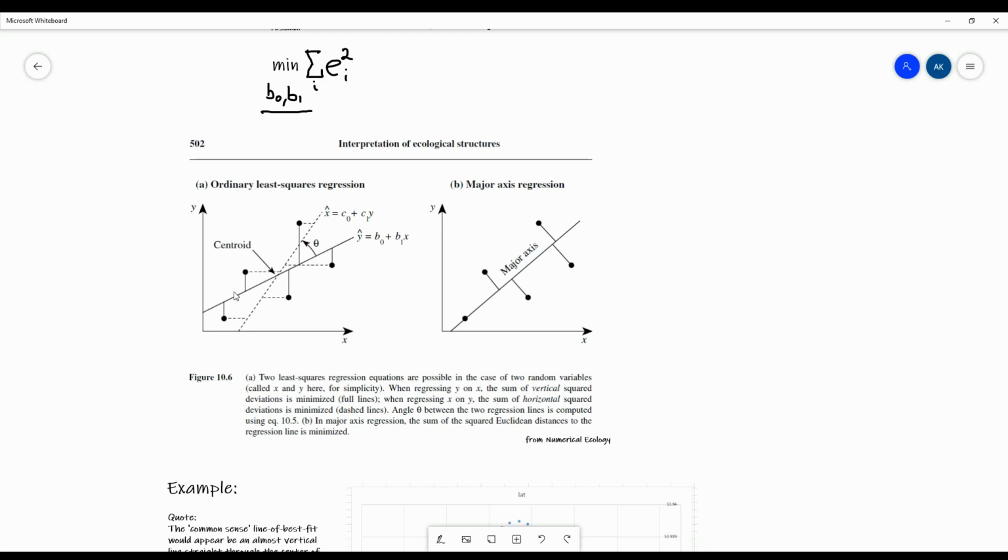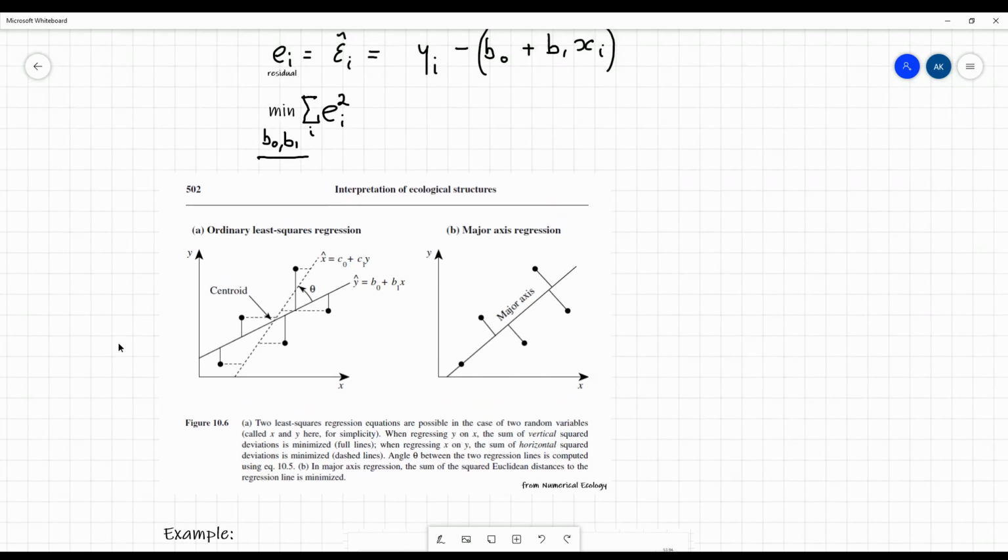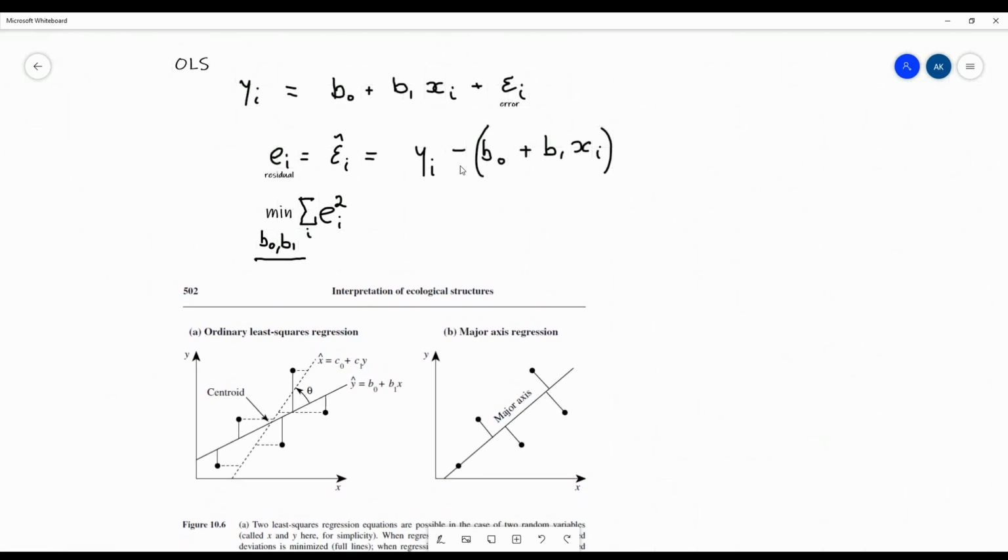When we interpret OLS, we should understand that we are minimizing the deviations depicted by these solid lines. These lines go from the observed data to the line, and notice that the distances whose deviations we are minimizing are not perpendicular to the line.